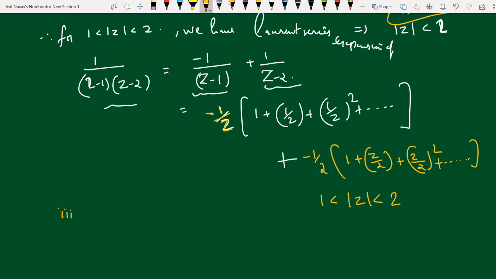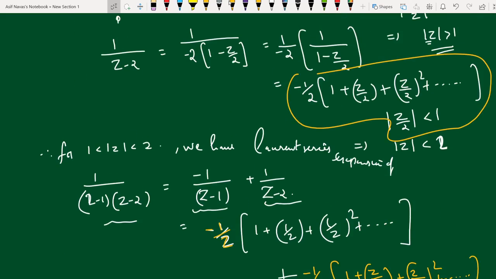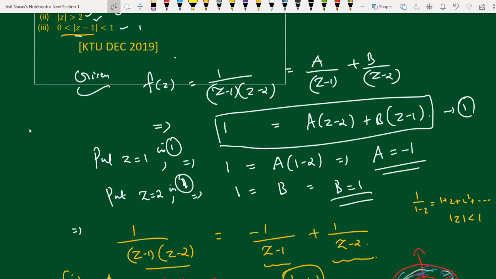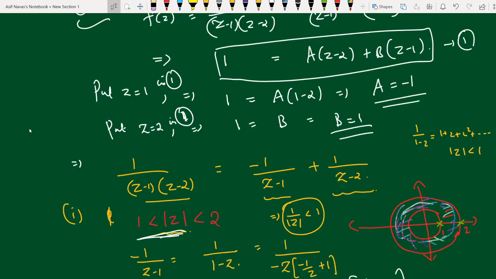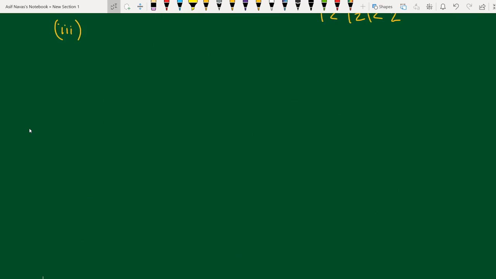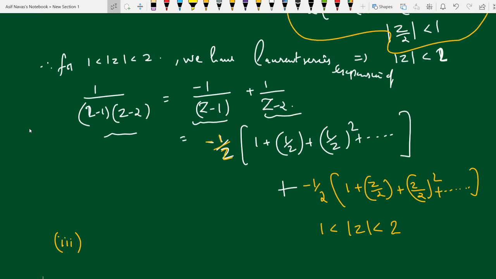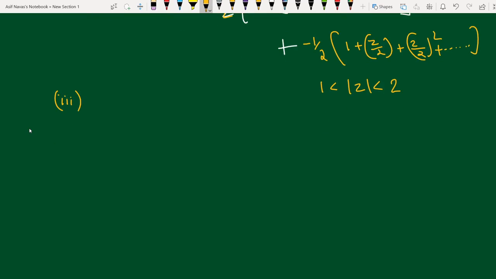Okay. Now we will use the third region. So this is very important. The third region is 0 less than mod z minus 1 less than 1.